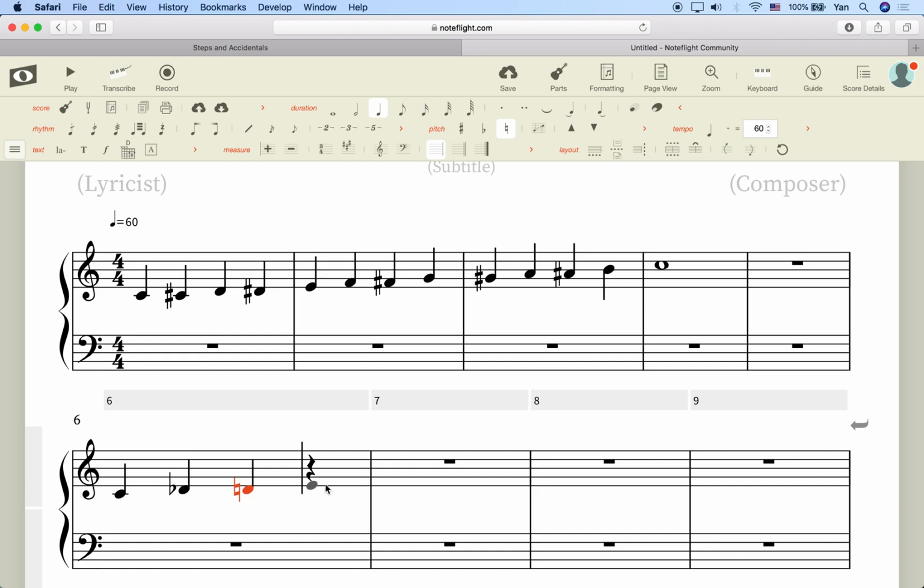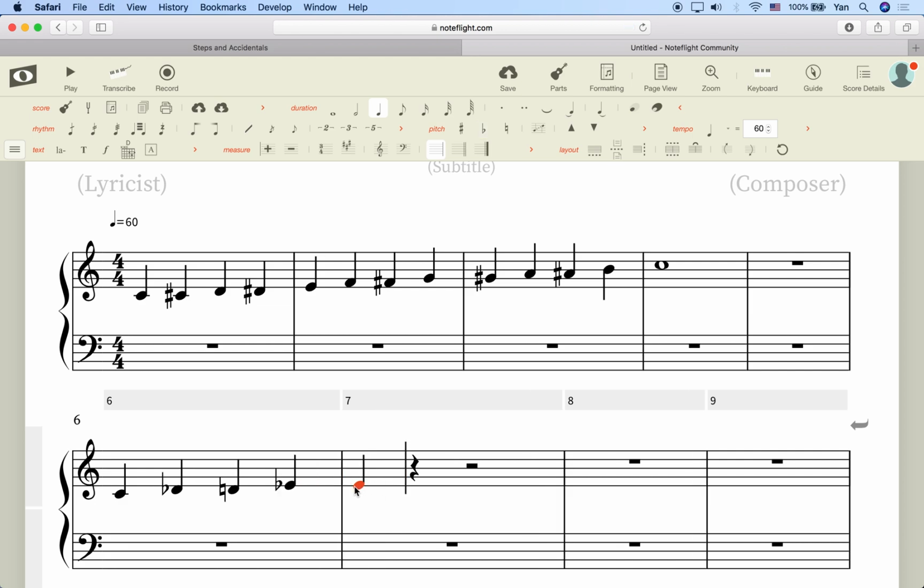So now I'm going to write E flat instead of D sharp here. And now take a look. I'm going to just write E now, and because we're on the next bar, that flat that I wrote for E flat is not going to carry over to this E because we're in a new measure.